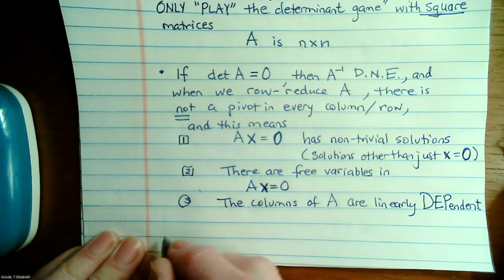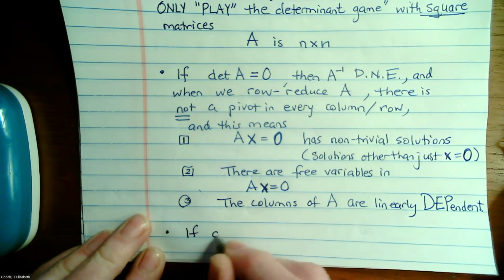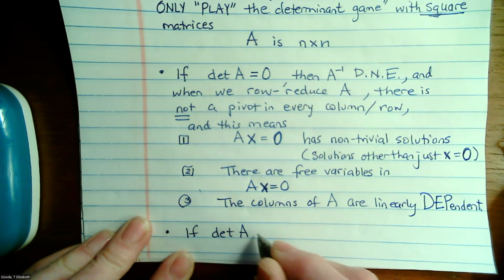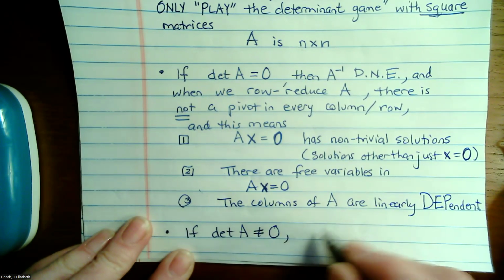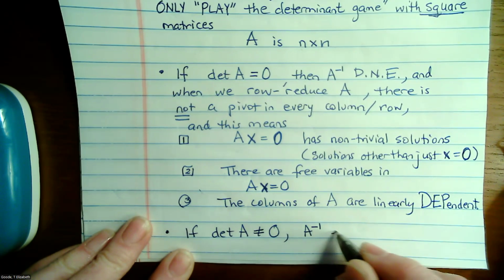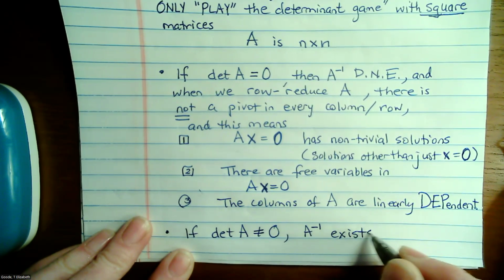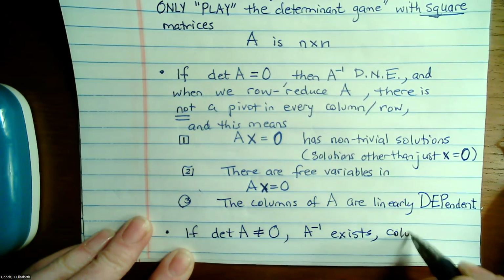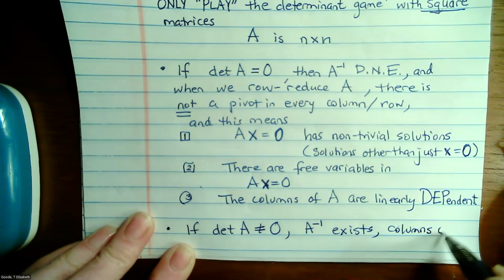But if the determinant of A is not equal to 0, A inverse exists. Columns of A are linearly independent.